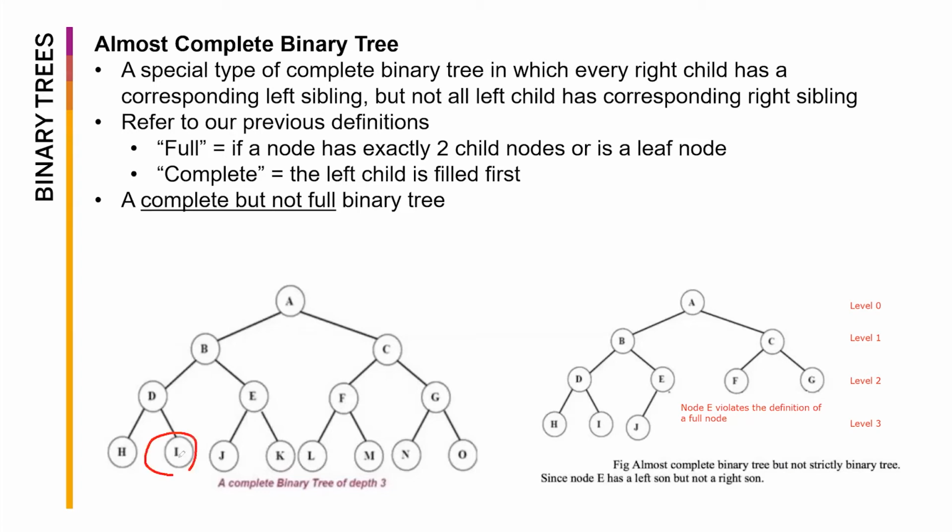So I has sibling H to the left, K has sibling J to the left, M has sibling L to the left, and O has sibling N to the left. So it still falls under the definition of an almost complete binary tree, except that we have a special name for this, which is the complete binary tree.